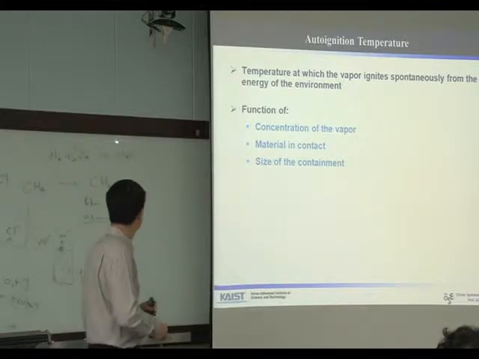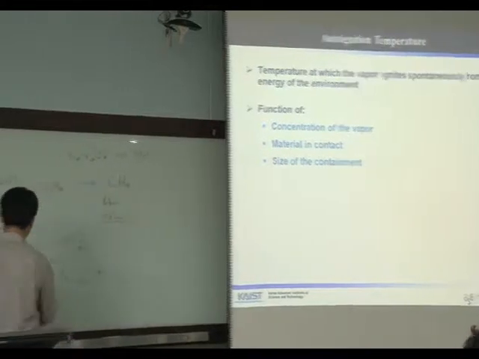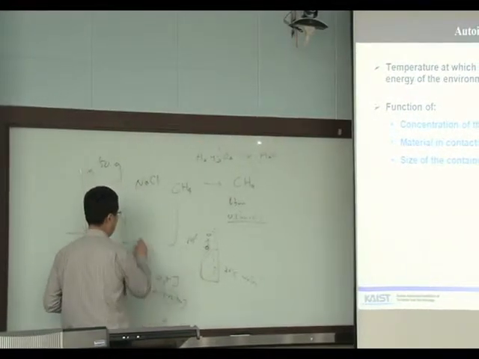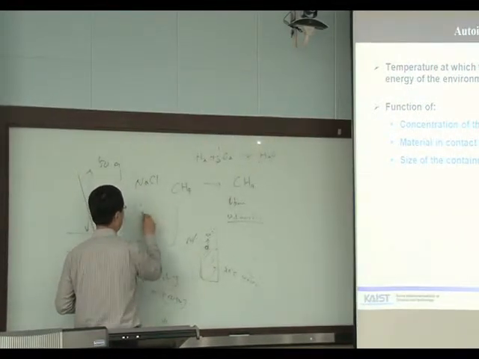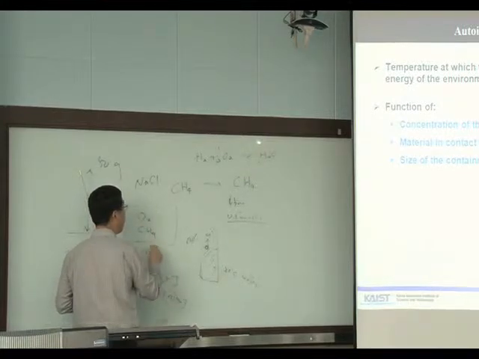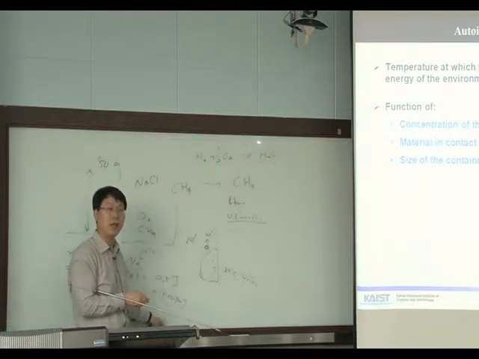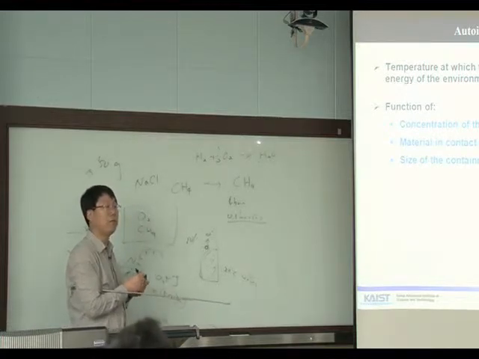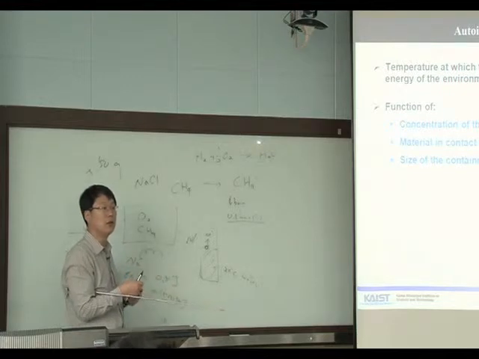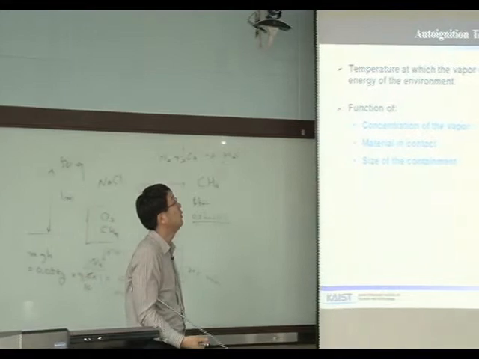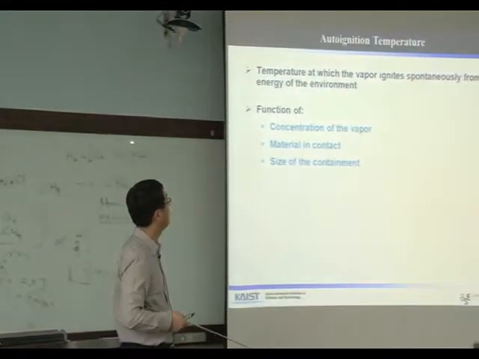We have a mixture of O2 plus CH4. If we warm this cell indirectly, we can make them explode above a certain temperature. The certain temperature is called auto-ignition temperature.